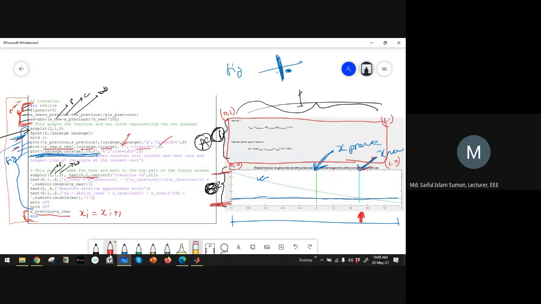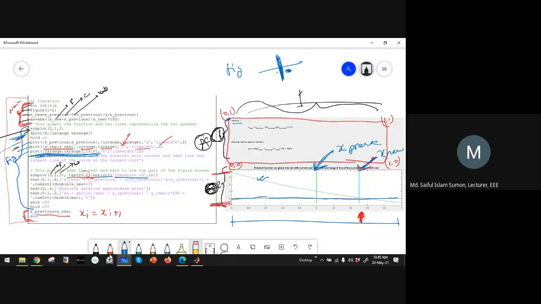What's the significance of this 0, 1? It will just signify where I am going to put my text. So 0, 1 is this location. Isn't it? Yes, sir. In this location, I am going to write iteration with the help of sprintf.